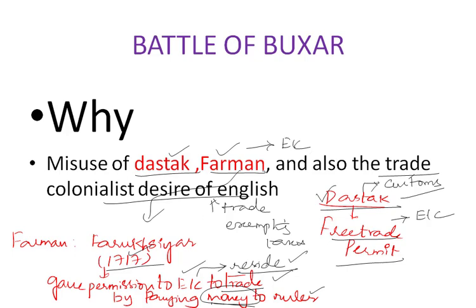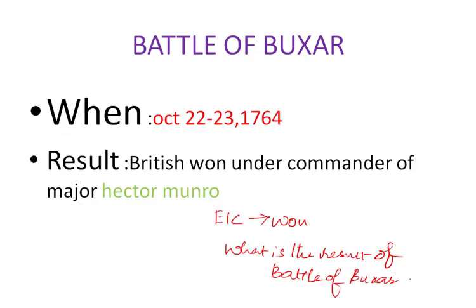Due to this, a huge amount of wealth was drained from Bengal, and this angered the Bengal ruler, leading to the Battle of Buxar. So these are the reasons why the Battle of Buxar happened: the misuse of the Dastak, the free trade permit document, by the East India Company's private people, the misuse of the Farman, and also the colonialist desire of the English East India Company.